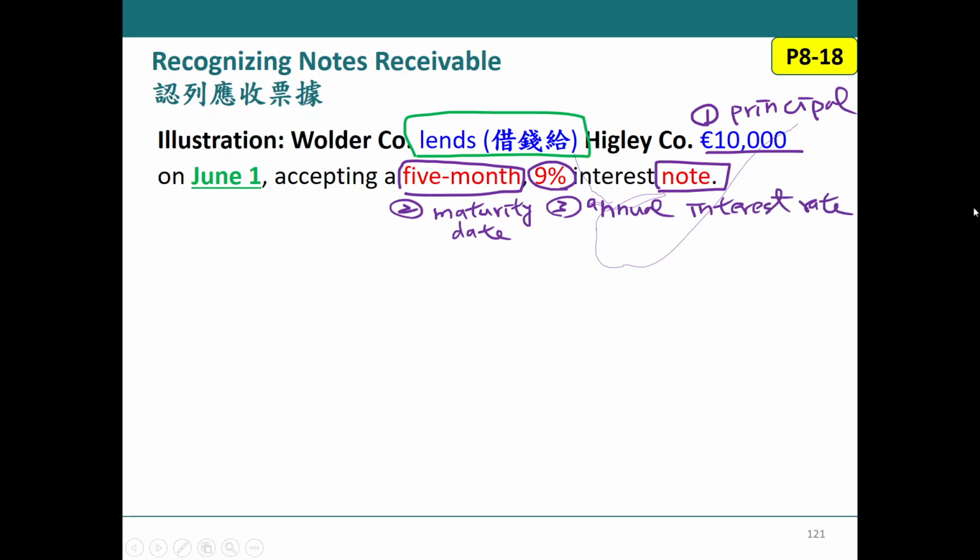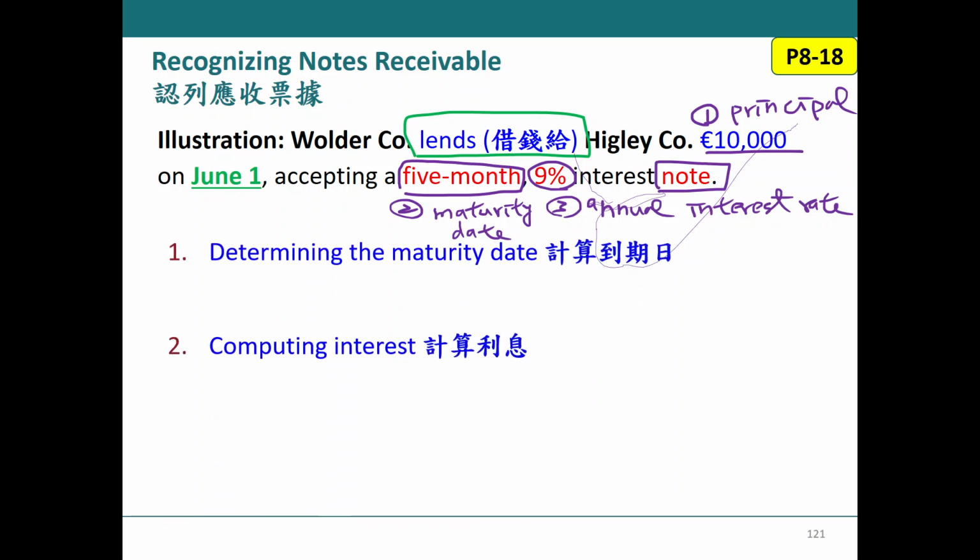Okay, based on this, don't forget 2 extra works we have to do when we talk about a note. So what are these 2 extra things you have to do? Maturity date, interest. So when they write down the note on June 1st, right?